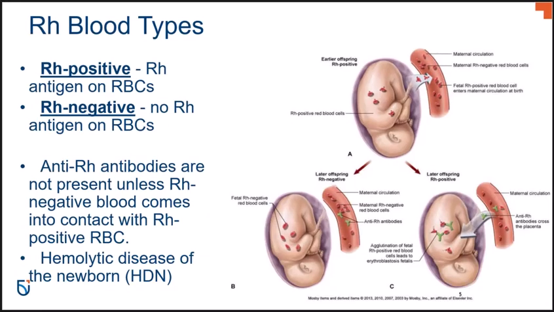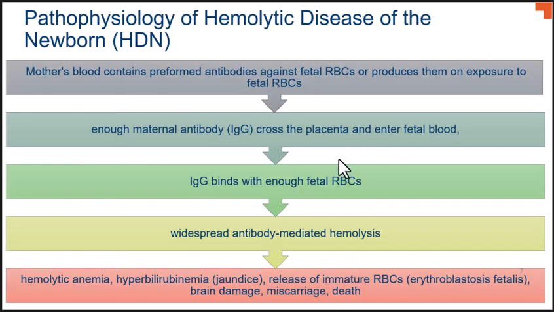And phototherapy or light therapy is another treatment that will be done in babies that do have hemolytic disease of the newborn. But in certain situations, these babies won't survive. They may not even make it to term. This is a summary of some of what I've spoken about with the antibodies.